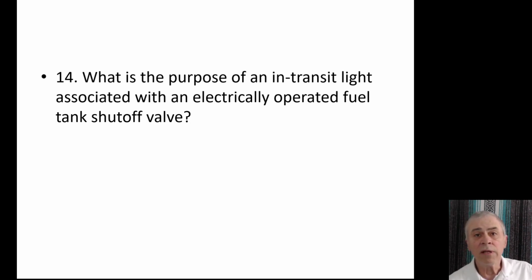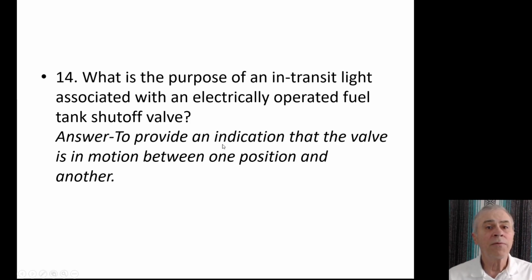It basically alerts the operator with a light when the fuel tank shutoff valve is actually moving from open to closed or from closed to open, to provide an indication that the valve is in motion between one position and another.